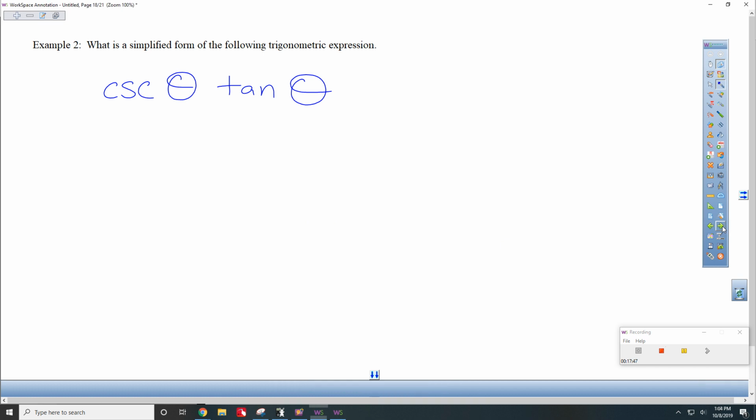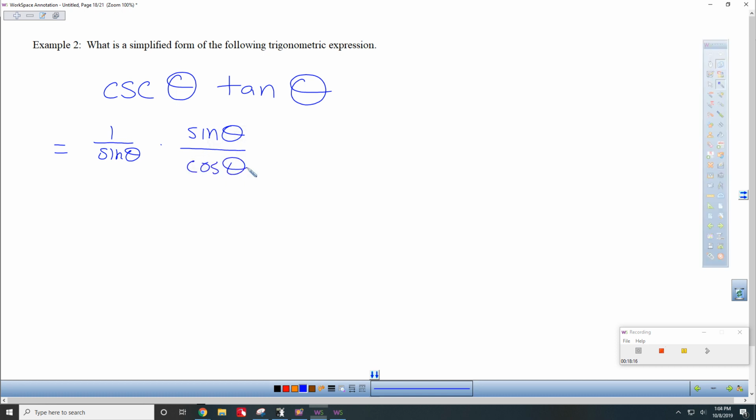Okay, so what is a simplified form of the following trig expression? This is the last example. So they want you to write this in a different way. So let's write cosecant as 1 over sine. And let's write tangent as sine over cosine.